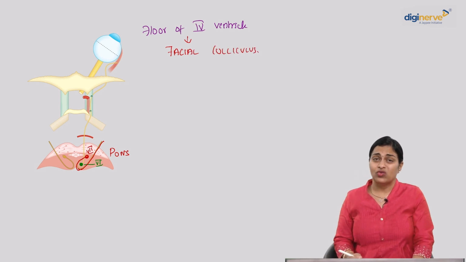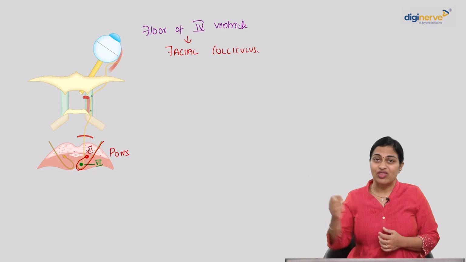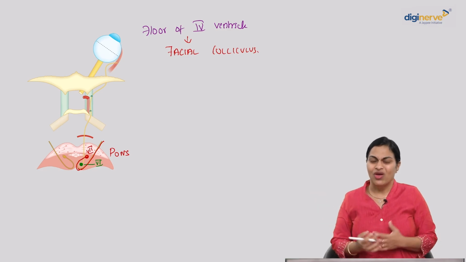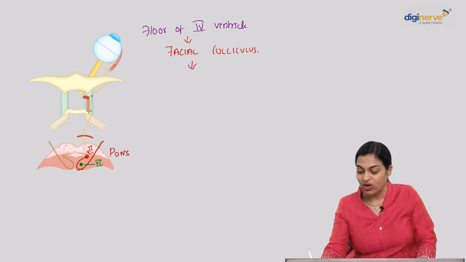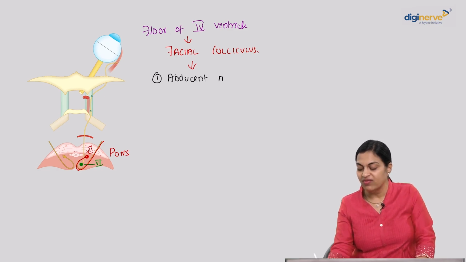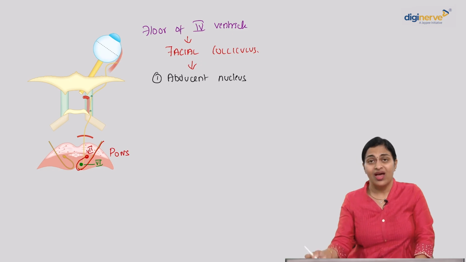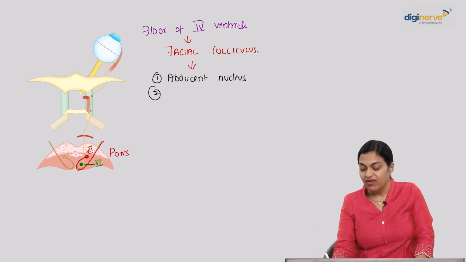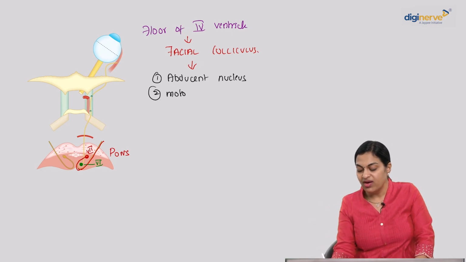Okay? So once they've asked it in the question, injury to the pointed area, what will happen? So what lies underneath the facial colliculus? Two components. One is the abducent nerve, the sixth nerve nucleus. And winding around it are the motor fibers of the seventh nerve.